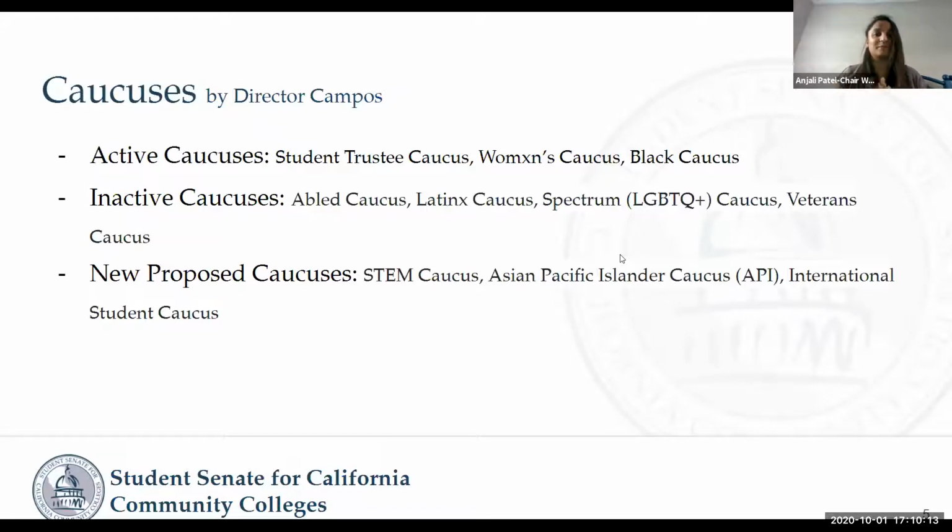We are reaching out to the students who will be the members of the caucuses, students who have like-minded, similar ideas around the caucuses, for example, if you are an international student, or something that relates to the international caucus.